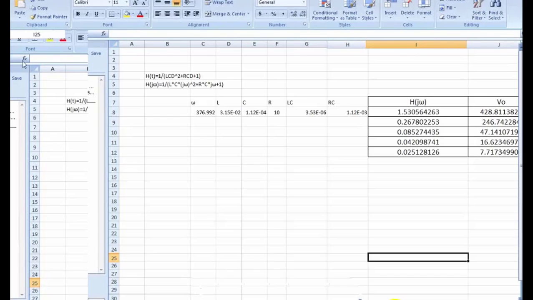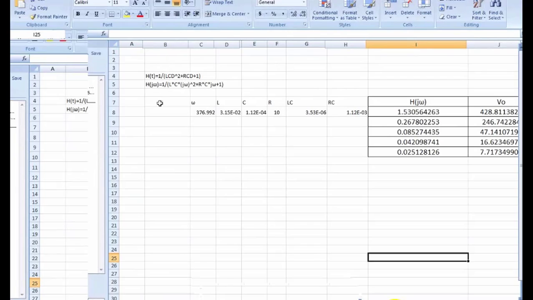So in this case, everybody can remember the transfer function in the analogous system, the RLC series circuit. Can you remember? Yes, sir. That means H(t) equals 1 divided by LCT square plus RCT plus 1.